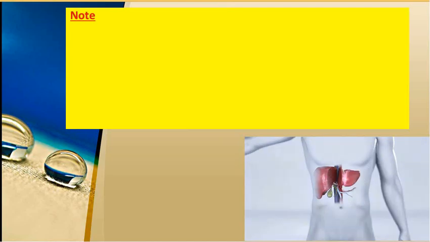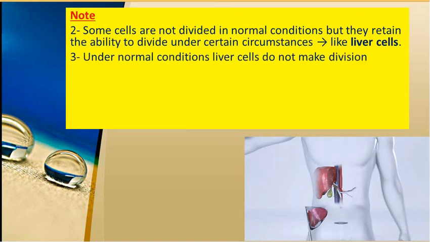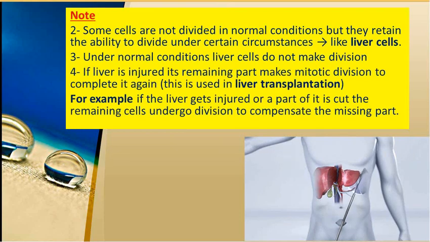in case of injury, its remaining part makes mitotic division to complete it again. And we can use that in liver transplantation.